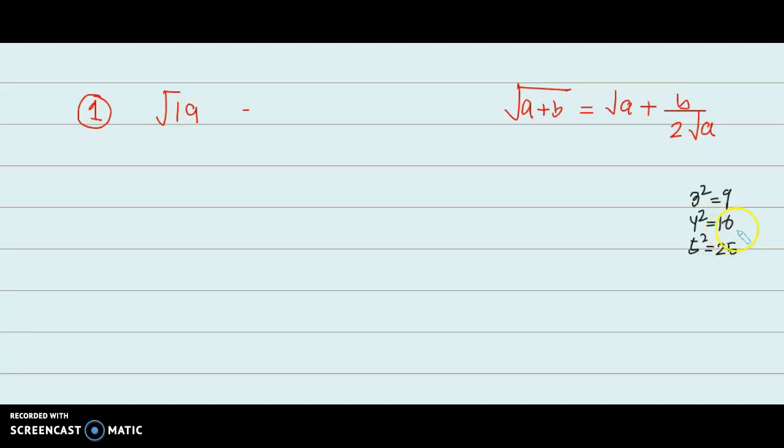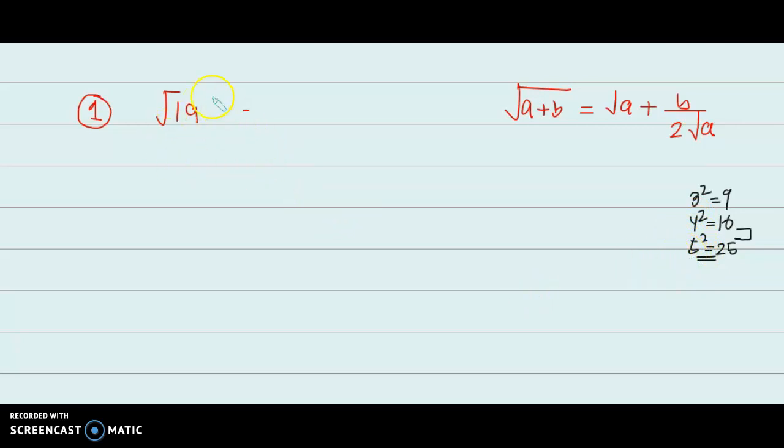So any number lying between 17 and 24, between 16 and 25, is going to be a non-perfect square. So our answer should be something between 4 and 5. So we are going to learn how to find that.